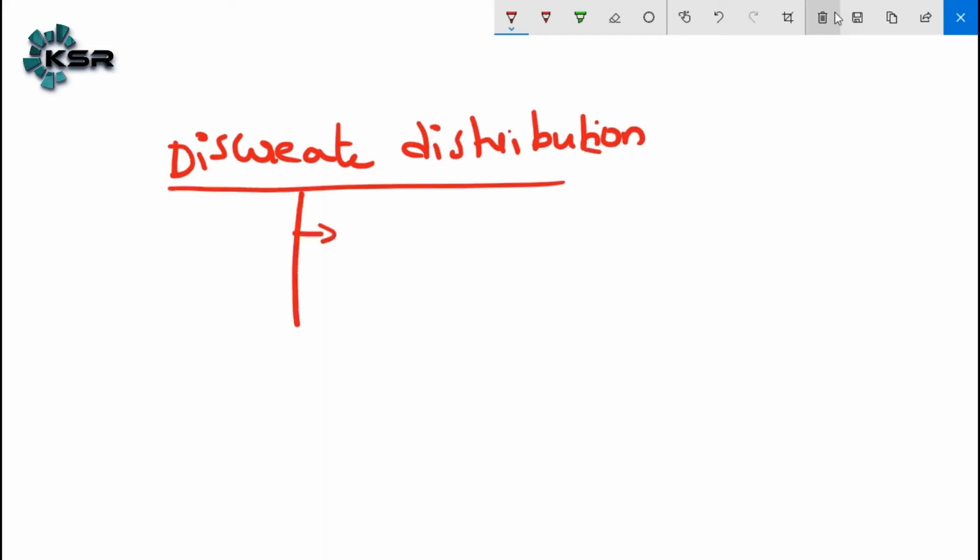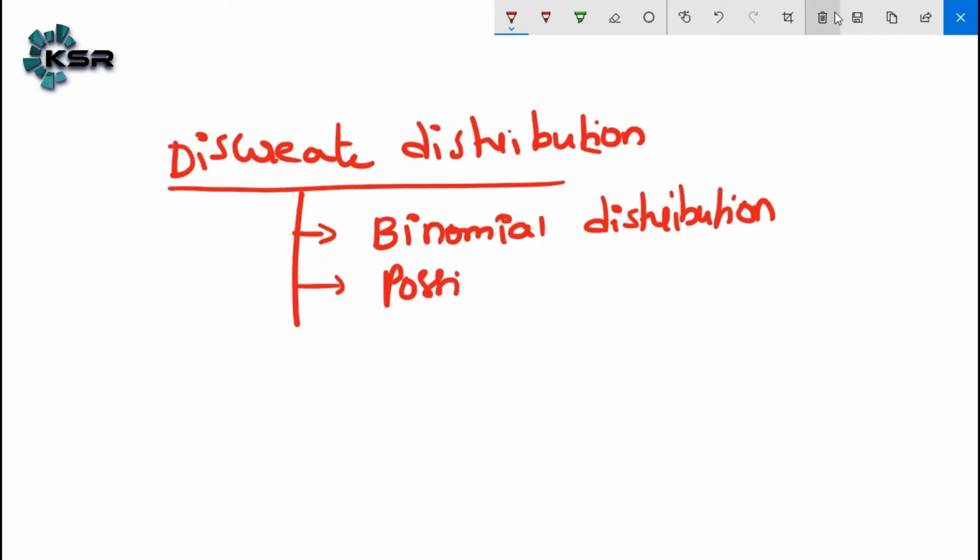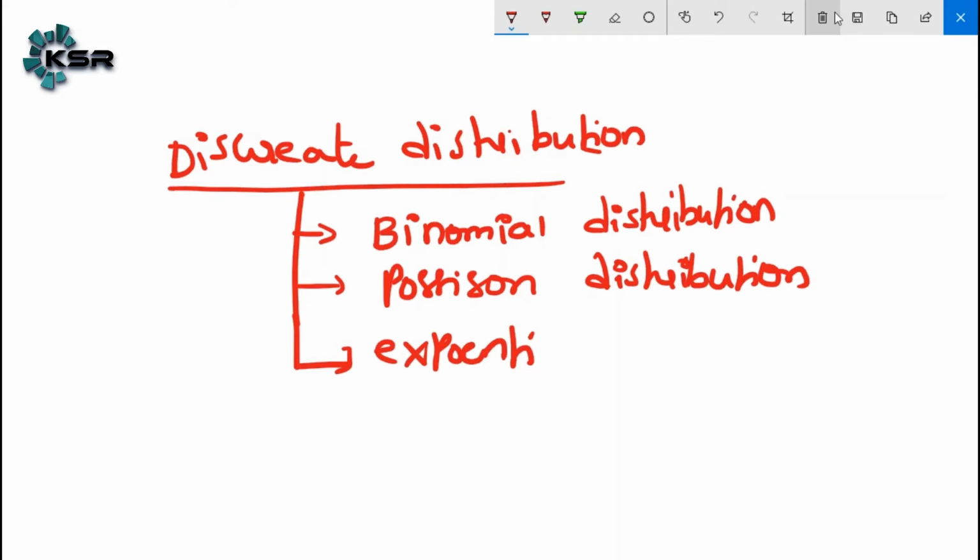Those are, first, binomial distribution, second, Poisson distribution, third, exponential distribution.